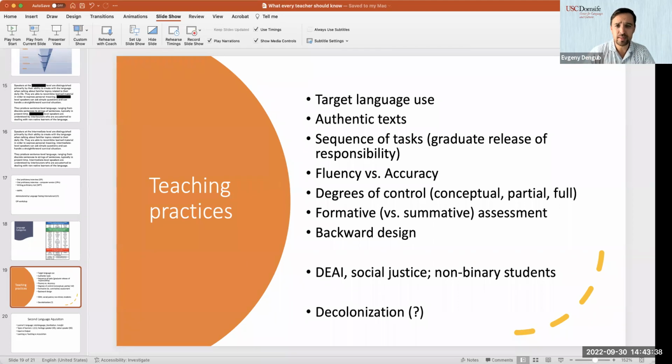Another one is sequencing of tasks, and what is commonly referred to as gradual release of responsibility. A good metaphor for this: I do, we do, you do.